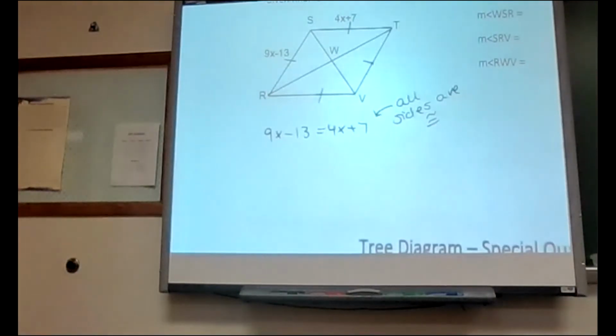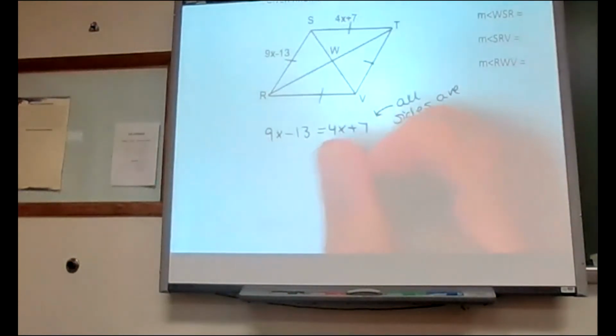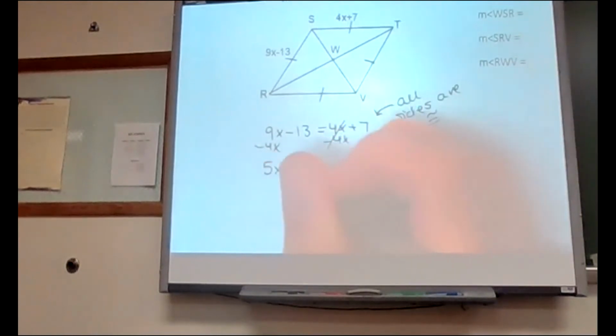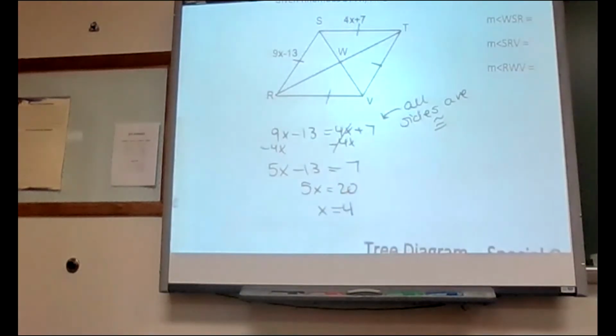So the more you give yourself clarity on why you're doing what you're doing, the better you're going to feel when you look back at these examples. So then solving for x, maybe I subtract 4x. I get 5x minus 13 equals 7. And then I get 5x equals 20. And x equals 4.